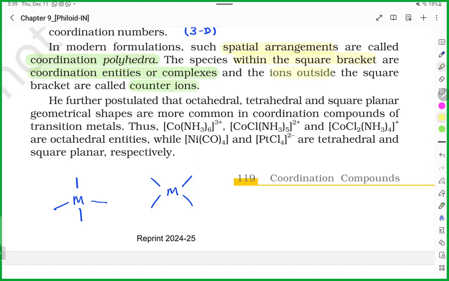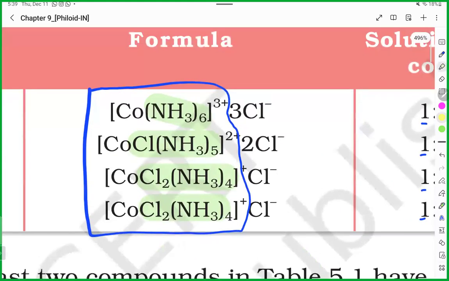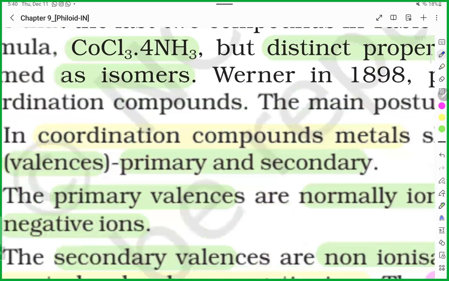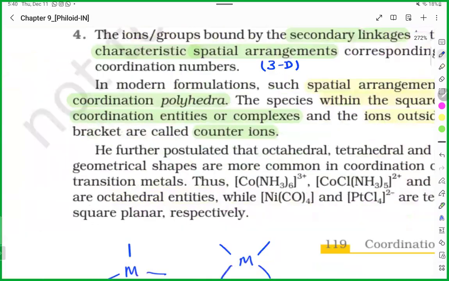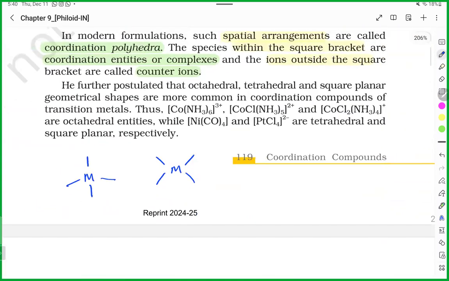For example, whatever is present inside this square bracket will be known as the coordination entity, this part. And this chloride ion will be known as the counter ion.